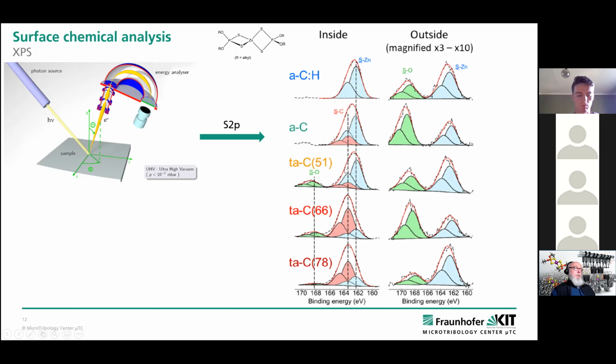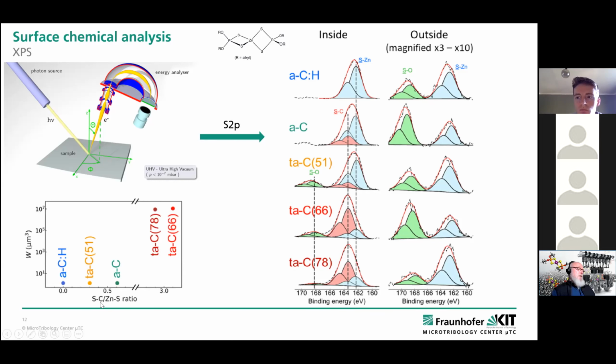And most importantly, the hard TACs here showed the highest signal in the sulfur carbon. Now you can integrate over the blue area and over the red area and create an intensity ratio. So the intensity of the sulfur carbon bonds normalized by the sulfur zinc bonds is plotted here.